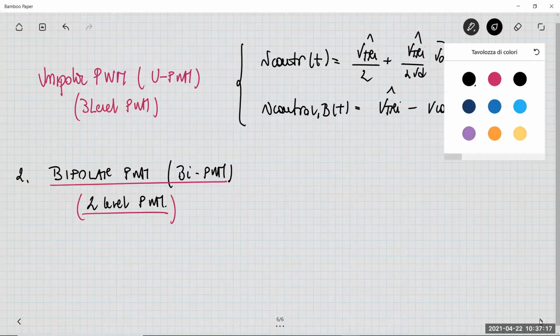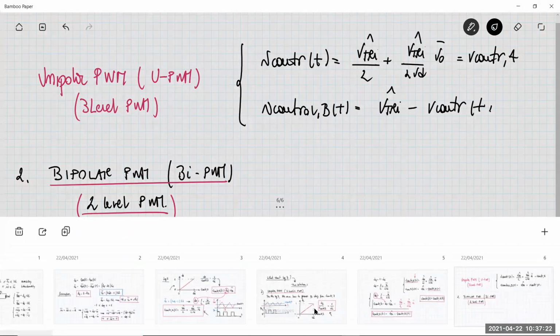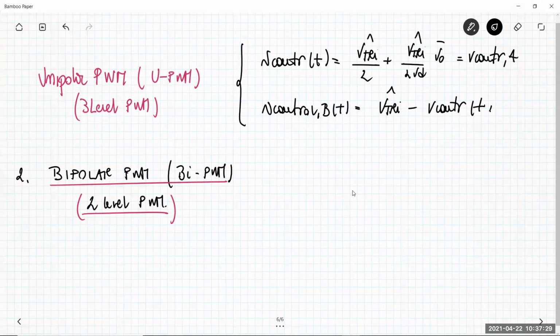In this case, remember my discussion about the rules by which, starting from the control voltage, I can generate the unitary switching function.